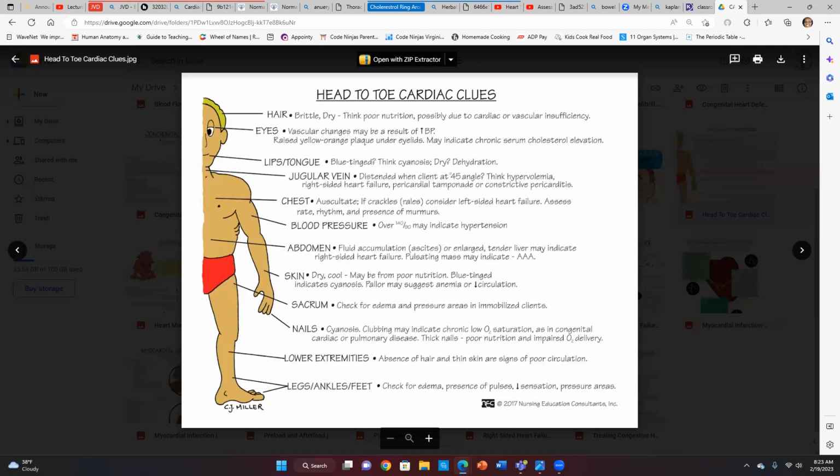Pallor. What's pallor? Yes, pallor. And it's okay if you don't know these terms. Maybe you didn't get to it yet, but these are terms that you should definitely know.